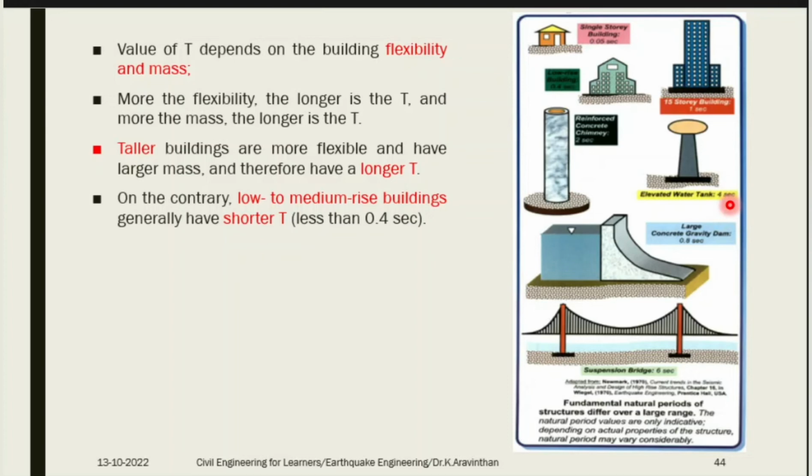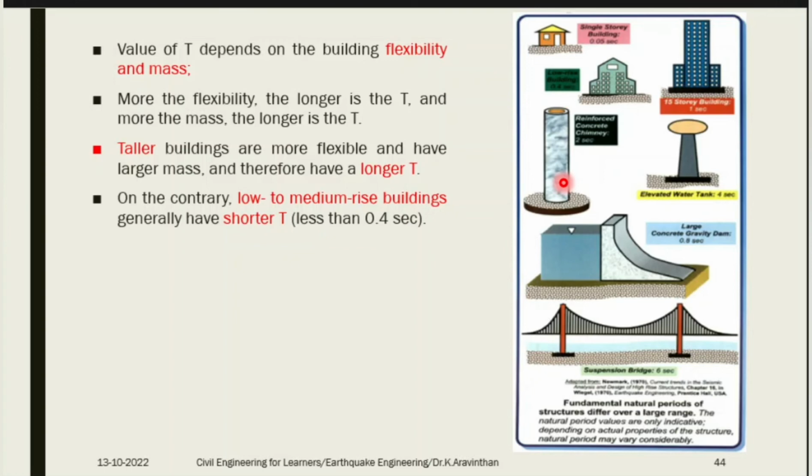So for an elevated water tank, a time period of around 4 seconds will be there. If you have a G+1 storey building, you will have a time period of 0.05 second. And if you have a concrete chimney, which you can see in an RMC plant, if you visit our RMC plant, you will see the chimneys.